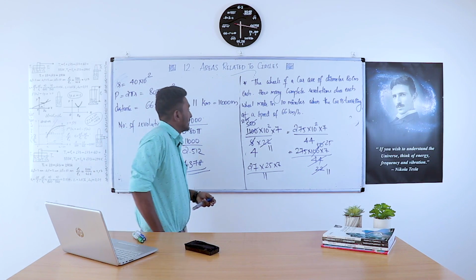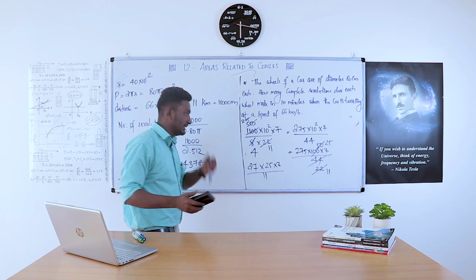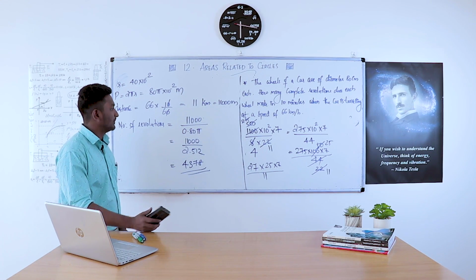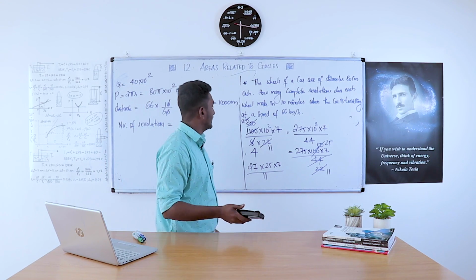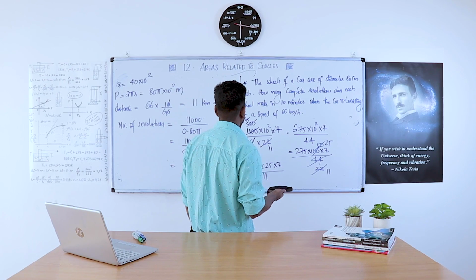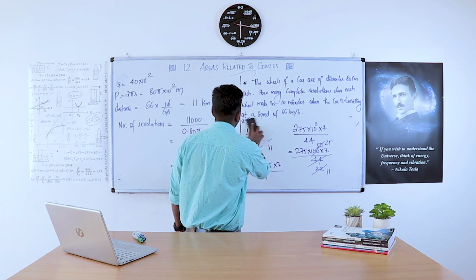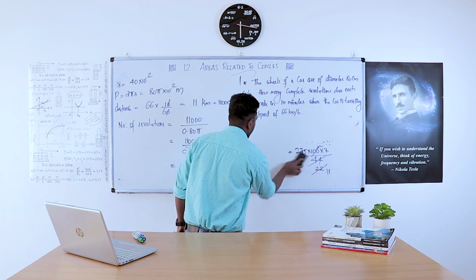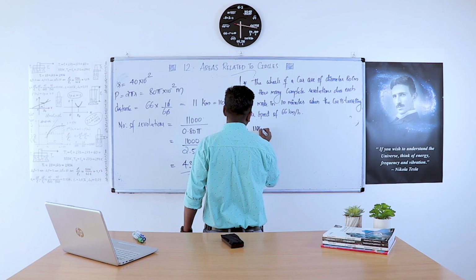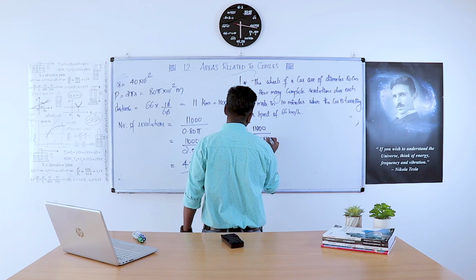So let me check. This is the accurate answer; I am calculating it with my calculator. So when we are simplifying, what happens to the calculation? So 11,000 into 10 square. The calculation is 11,000 by 80 pi into 10 raised to minus 2.